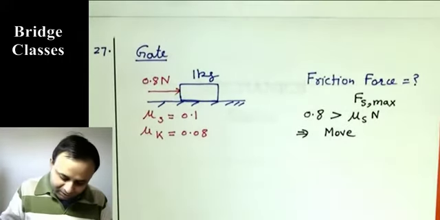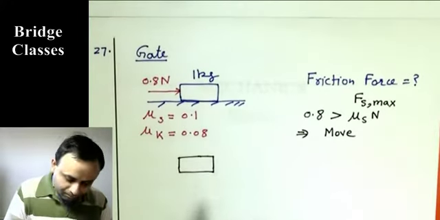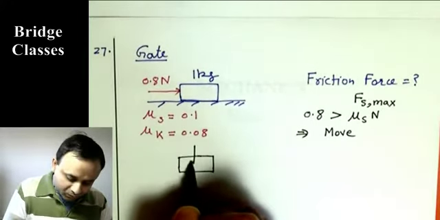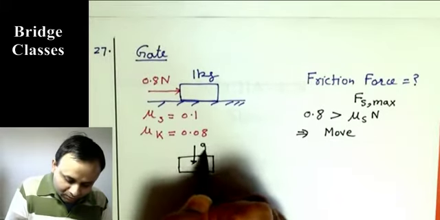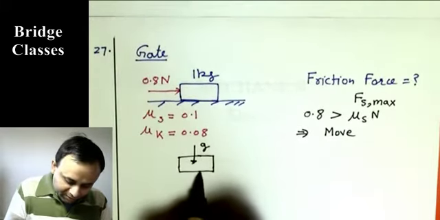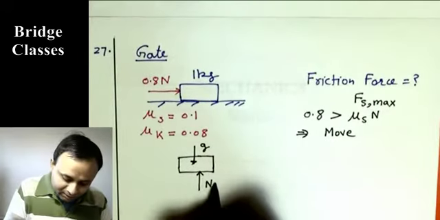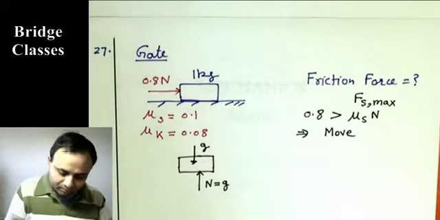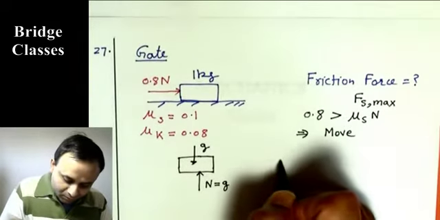So we draw the free body diagram of the body. Its weight acts downwards, that is just mg. Mass is 1 kilogram, so g. We have normal reaction N. By force balance in the vertical direction, N equals g. So what is the maximum frictional force?